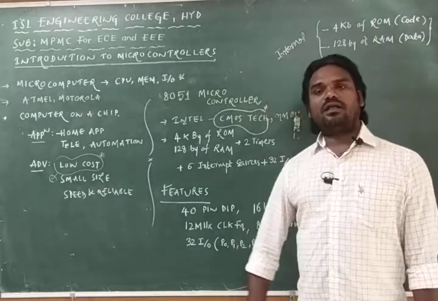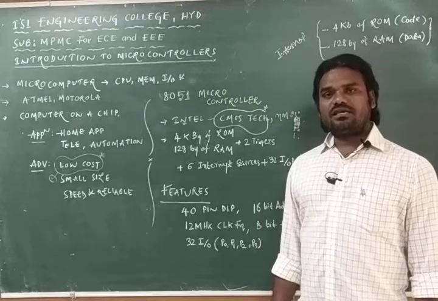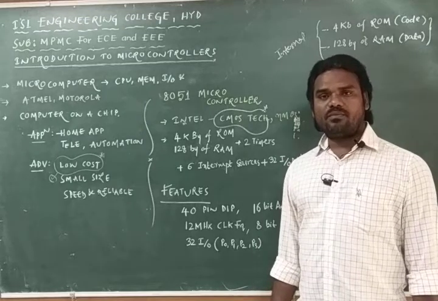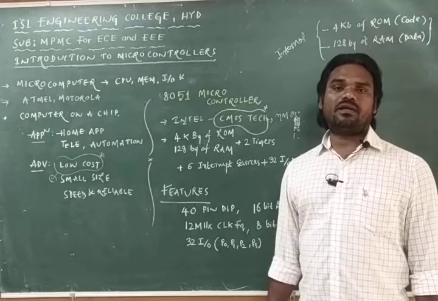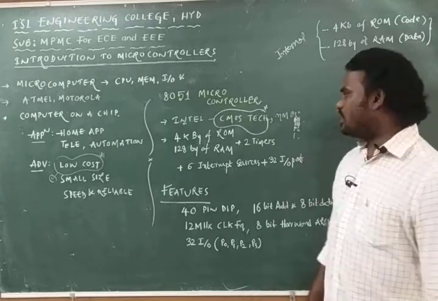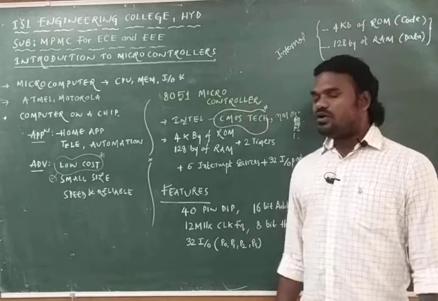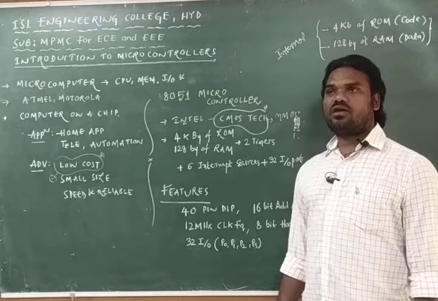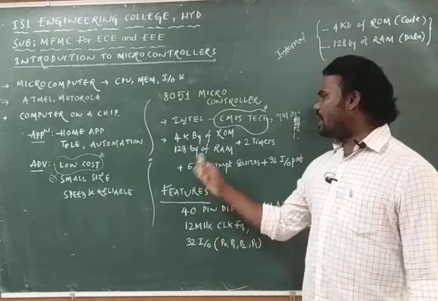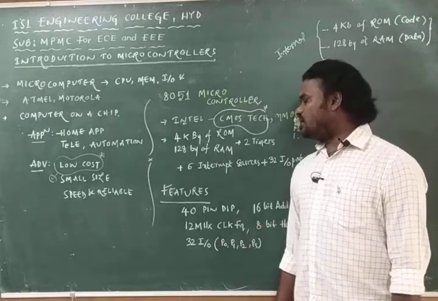ROM is read-only memory, the code memory or program memory, where the instructions reside. So it has 4 kilobytes of ROM, and it has 128 bytes of RAM.